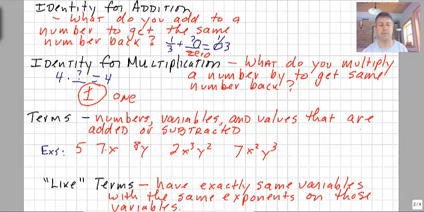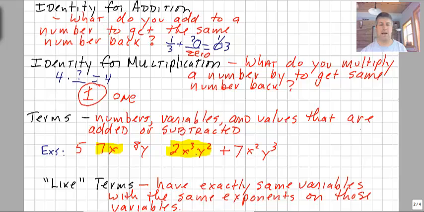Even though something like 7 times x, or 8 times y, is made up of 2 factors, this as a whole is a term in and of itself. This whole grouping is a term, okay? Because I might try and add it.